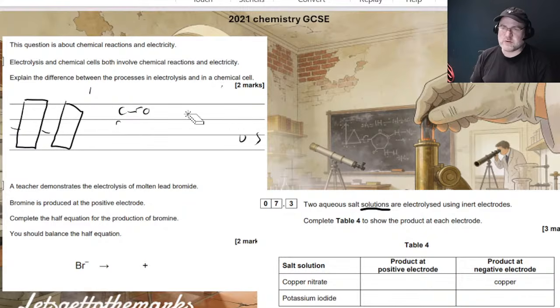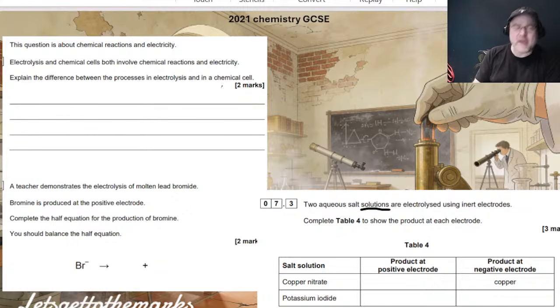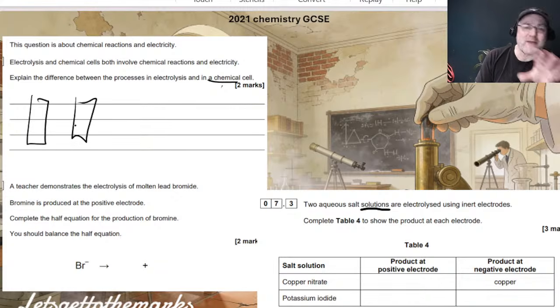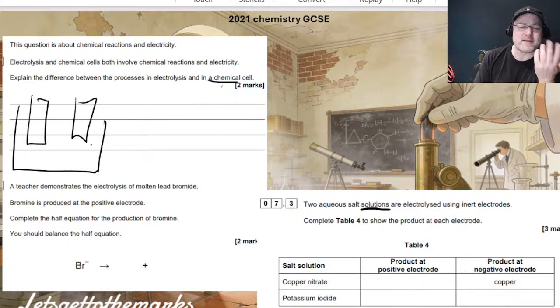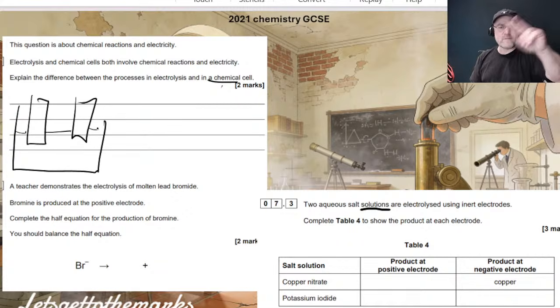I don't want to spend too long on this. What about a chemical cell? With a chemical cell, you still have electrodes. So this year they might ask you the similarity between electrolysis and chemical cells. Both involve electrodes, both use electrolytes.